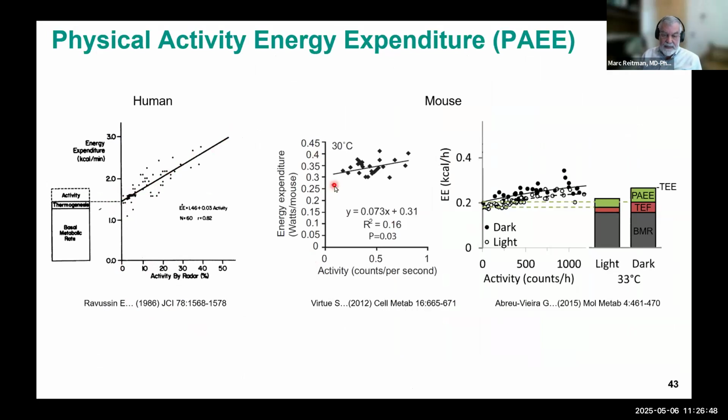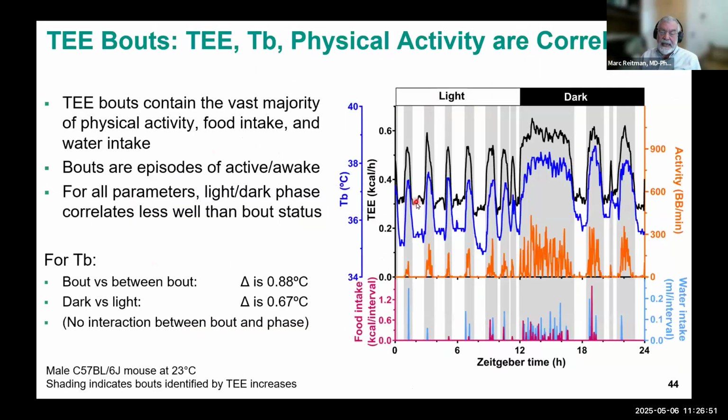And why is that? Because of this. This is looking at an example of a single mouse studied at 22 degrees in the light phase and dark phase, where we've measured energy expenditure in the black, body temperature in the blue, physical activity in the orange, and food intake and water intake in the pink. And what you see is these are incredibly well correlated. And so what we did was to set a computer algorithm to identify these bouts of increased energy expenditure based only on the energy expenditure, and they colored them in with this gray color.